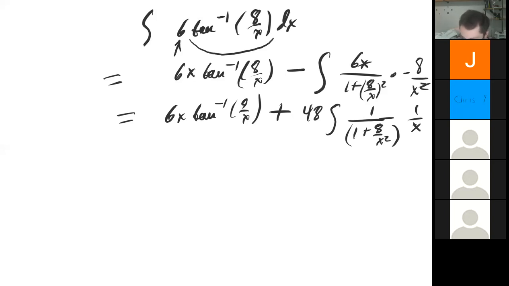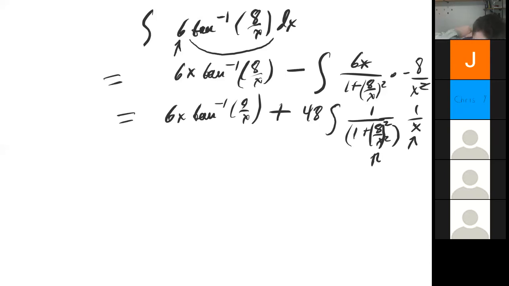Okay, so hopefully this looks good to everyone. Oh, 8 over x squared. Okay, so now we're in much better shape than we were before. Why? Because this 8 over x squared looks pretty similar to this 1 over x, right?